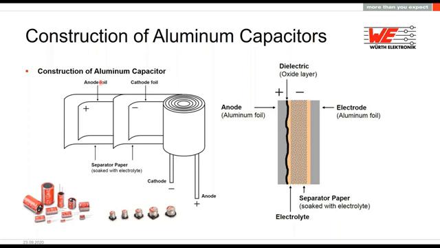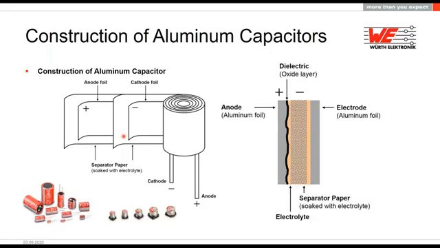Because the aluminum capacitor has a polarization, we have a dedicated anode foil and a cathode foil, and then a separator paper between. This separator paper is soaked with electrolyte. We dip it into an electrolyte, and then the separator can soak up the electrolyte.